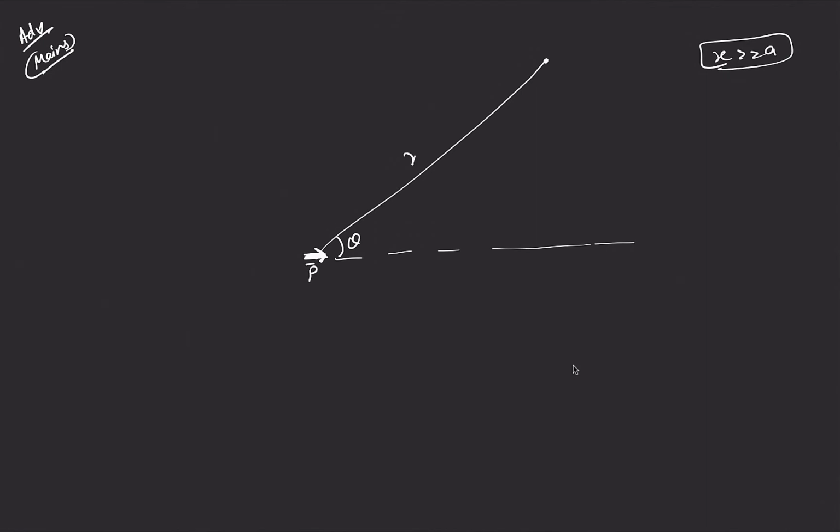Let's say this distance is x from the origin and this point is the origin. We can create components of this dipole moment, simply treating it as a vector. So this dipole moment has two components: this component would be p cos theta, and this component would be p sin theta.